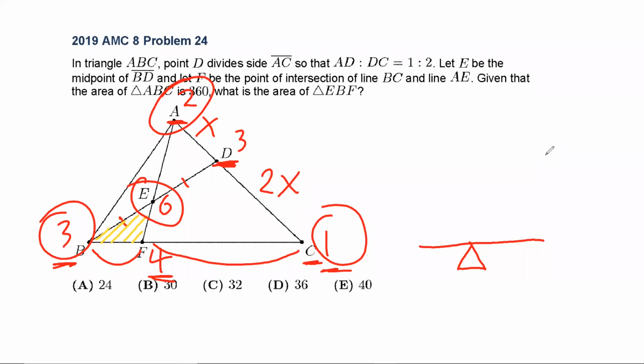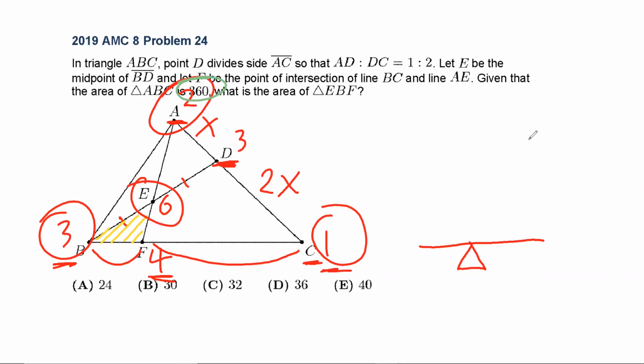Okay, let's go ahead. The way I'm going to show you is just one of the ways you could solve this with mass points. So we know that the ratio of BF to FC is 1 to 3. So if we go back to the original statement, they tell us that the area is 360.